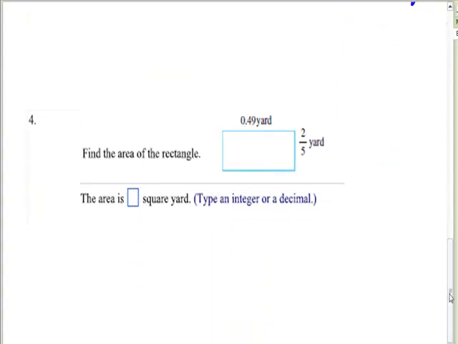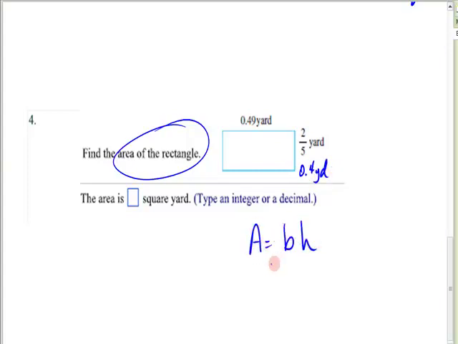And the same thing in the last one, switching back to area of a rectangle, and I have a decimal and I have a fraction, so I think I'll change this fraction. 2 divided by 5, that will give me 0.4 yards. So my area is base times height. It is 0.49 yards times 0.4 yards.